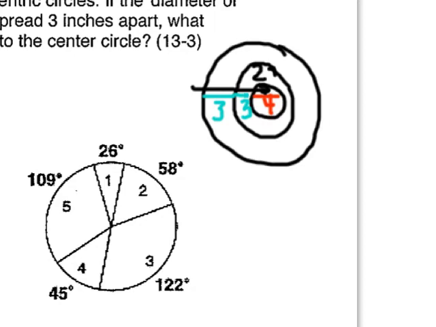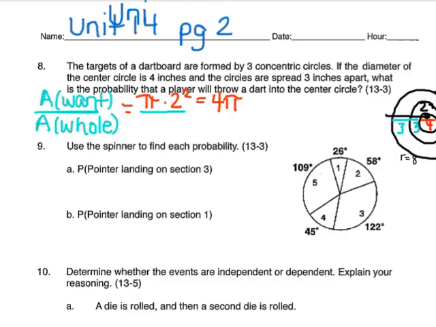So my total radius would be 2 plus 3 plus 3, which is 8. So the radius of the outer circle is 8. For my outer circle, I would do pi times 8 squared, which would equal 64 pi.